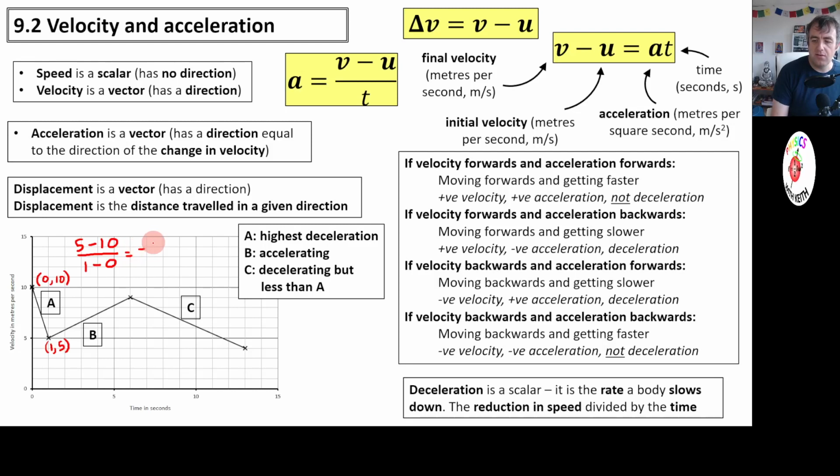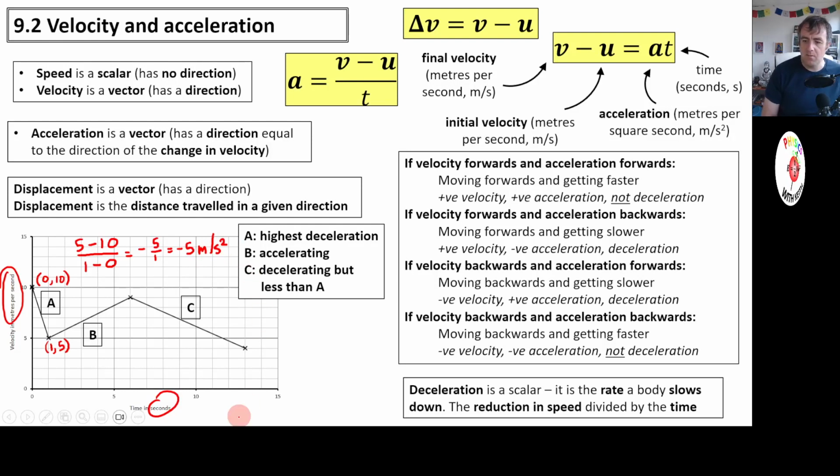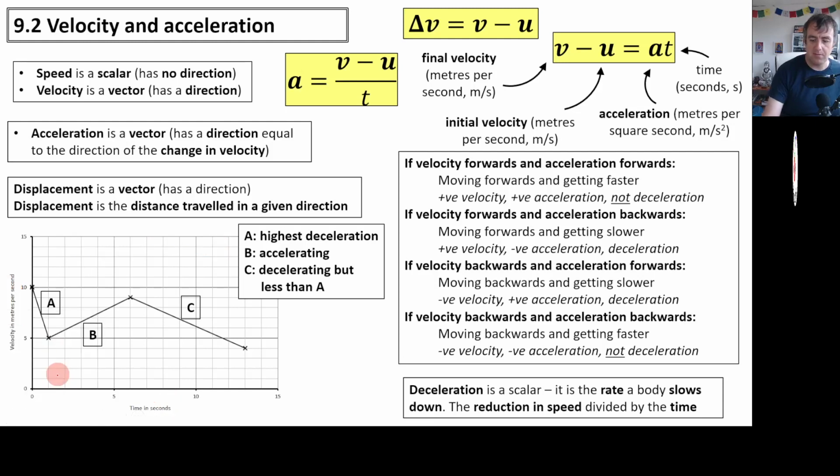So that is -5 divided by 1, or -5. And now we need to look at units. It's meters per second divided by seconds, or meters per second squared. So -5 meters per second squared. That is what I would do for a gradient calculation in that first leg of that journey.